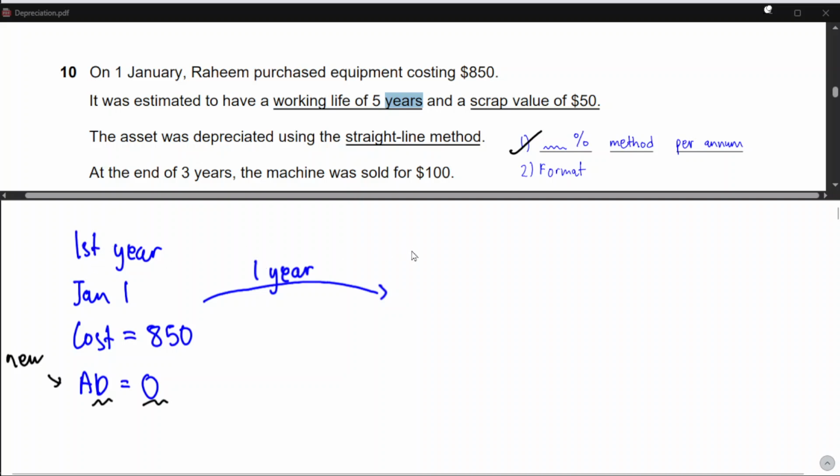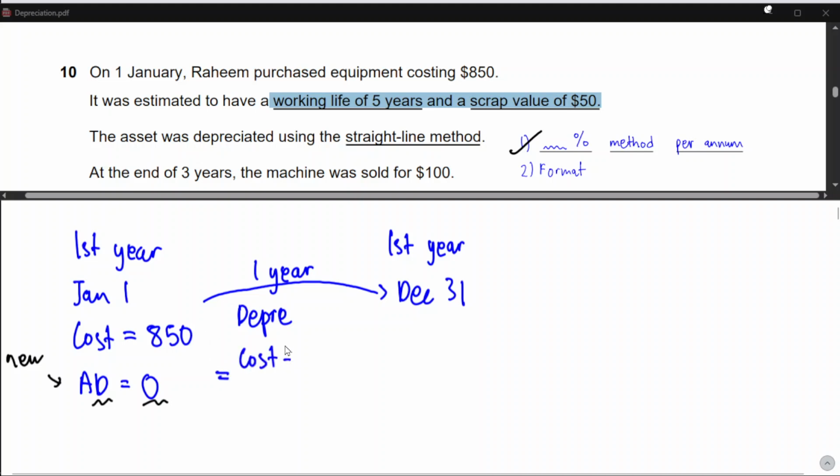So the first year end will be December 31. The depreciation, because it has a useful life and scrap value, is a bit special.